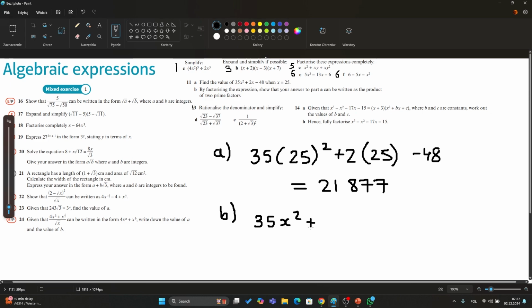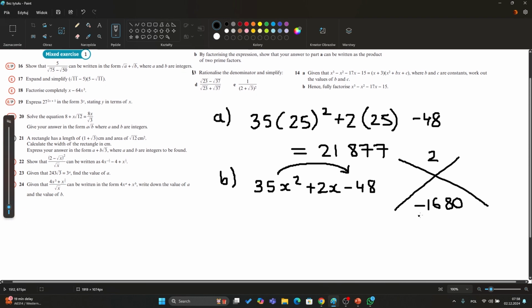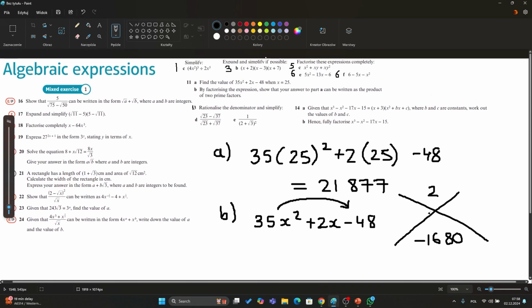35x squared plus 2x minus 48. So we multiply 35 by minus 48, and this will be minus 1680, and we have 2 at the top. So now we have to find, at the top and the bottom, something that adds to get 2 and something that multiplies to get minus 1680.